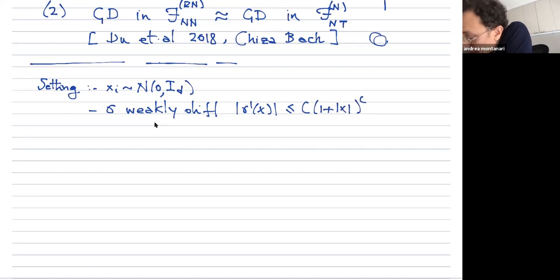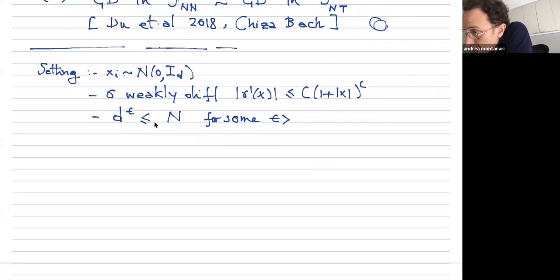And then the dimension and the number of neurons will be polynomially related. So there exists an epsilon positive, say 0.01, such that capital N is bigger than d to the epsilon. And then I'll add some more hypotheses as results are stated.